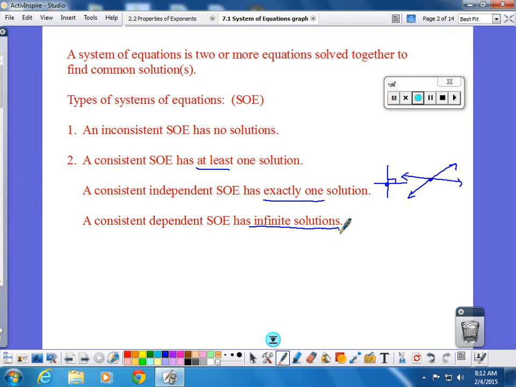What do you think? Two lines on the same, like, one's on top of the other, right? Like they are exactly the same line. And here's how I draw them. I just draw a double arrow, so it looks like that. Good thinking. So if they have infinitely many solutions, how many points are on a line? Infinitely many. And to have infinitely many common solutions, they would have to be the exact same line.